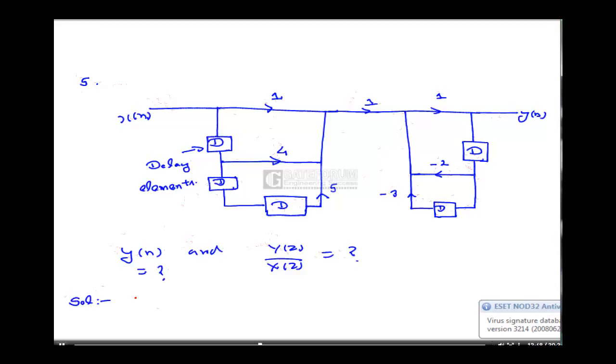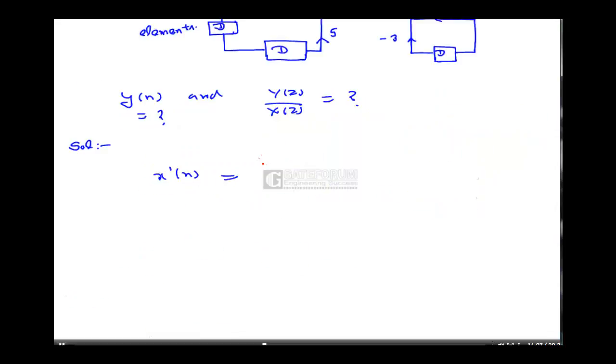First, suppose this point is point P. If I find the sum of everything coming at point P, let that be x'[n]. x'[n] is equal to x[n] plus 4 times x[n minus 1] plus 5 times x[n minus 3].